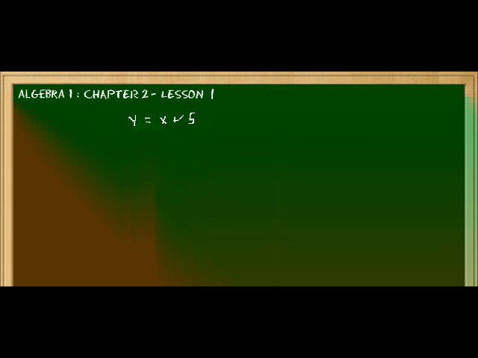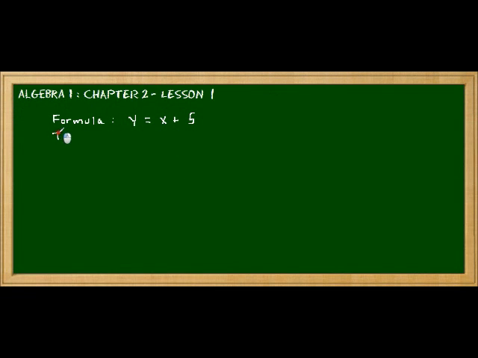And now we have below it a table. Okay, this is our table, and our table looks like this. We'll have the x row and the y row. And now they're giving us all the values for x. That would be 0, 1, 2, 3, and 4.